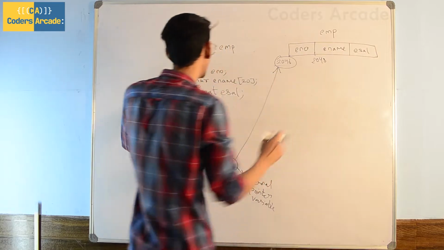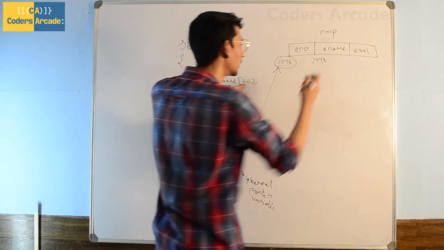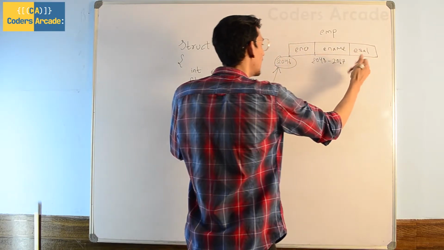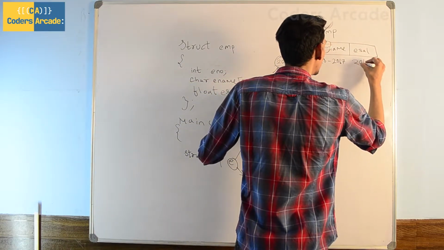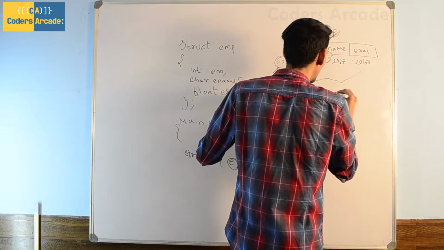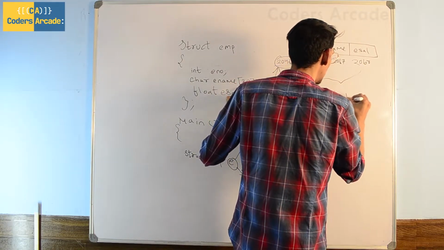Then E name will occupy 20 bytes, so from 2048 to 2067, and employee salary will start from 2068. So in total, they will occupy 26 bytes of memory.